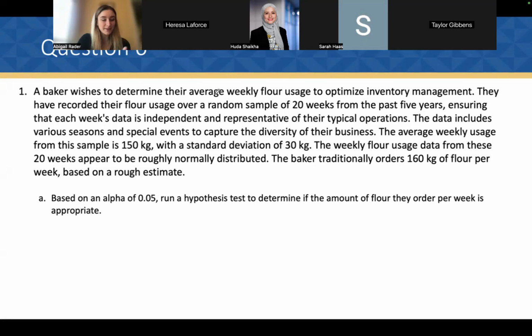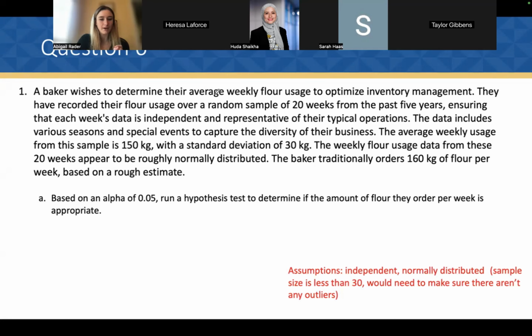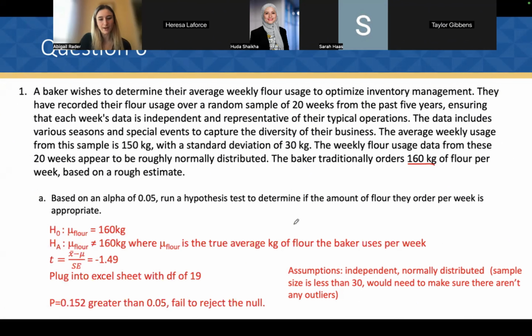The second thing to do is to include your null and alternative hypotheses. The null here, since we work with means, would be mu of our sample is equal to the overall mean, which is 160. And then you just have to specify what those mus are. So you'd say mu flour here is the average kilograms of flour per week.